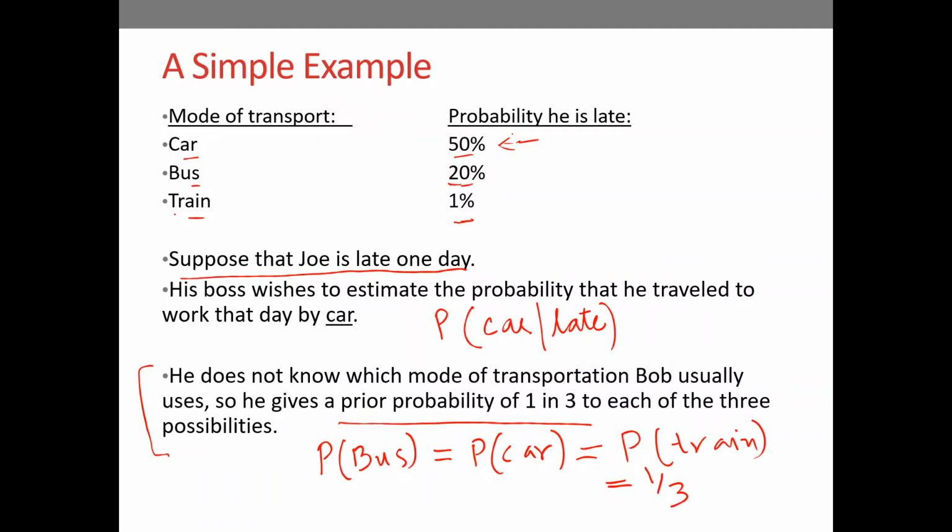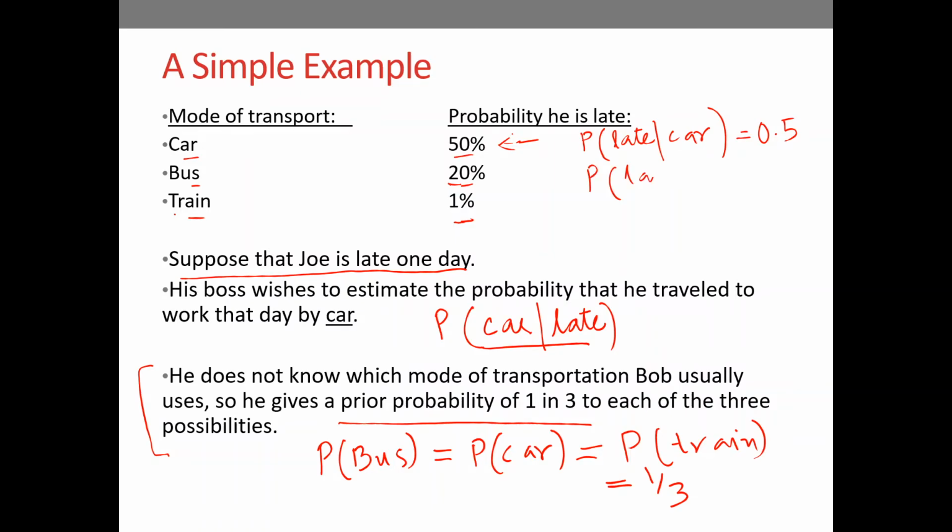Right, so this is the probability on its own for each of these 3 modes of transportation, and we are interested in the probability that the person traveled by car given that he's late. We already know that he's late. Now, what are all these that are given here? These are actually the probabilities that the person is late given that he was traveling by car, which is 0.5.